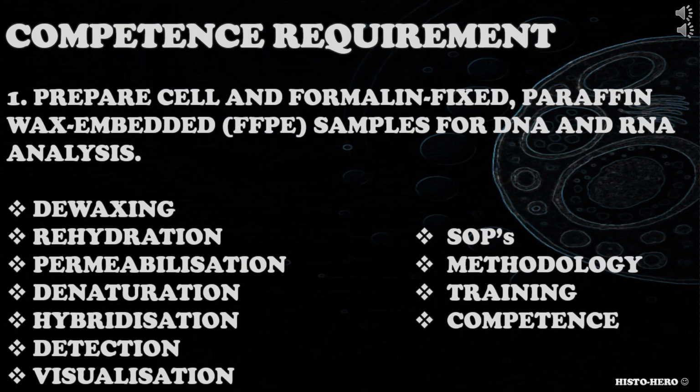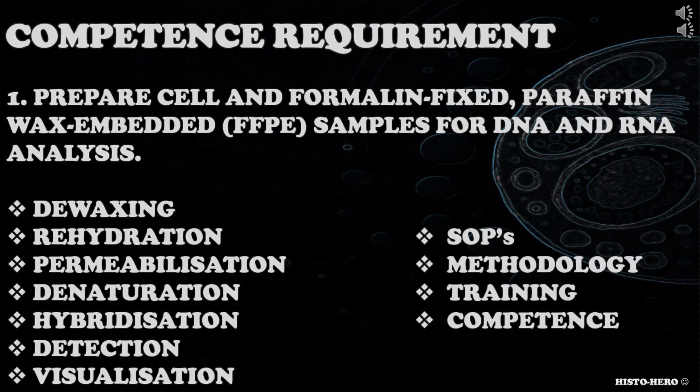The first competence requirement is prepare cell and formalin fixed, paraffin wax embedded samples for DNA and RNA analysis. Candidates should be able to prepare samples for DNA and RNA analysis. Does the candidate prepare cells and FFPE samples for DNA and RNA analysis? Take correct steps and understand why they take them?